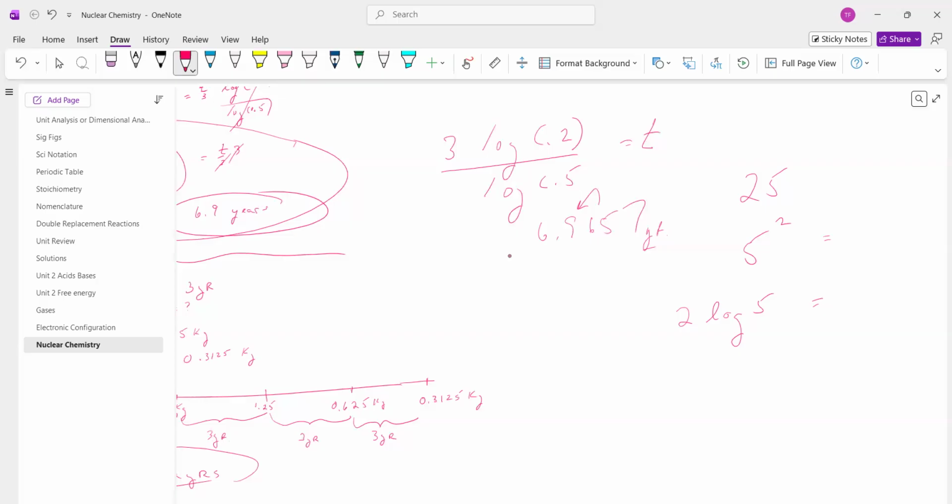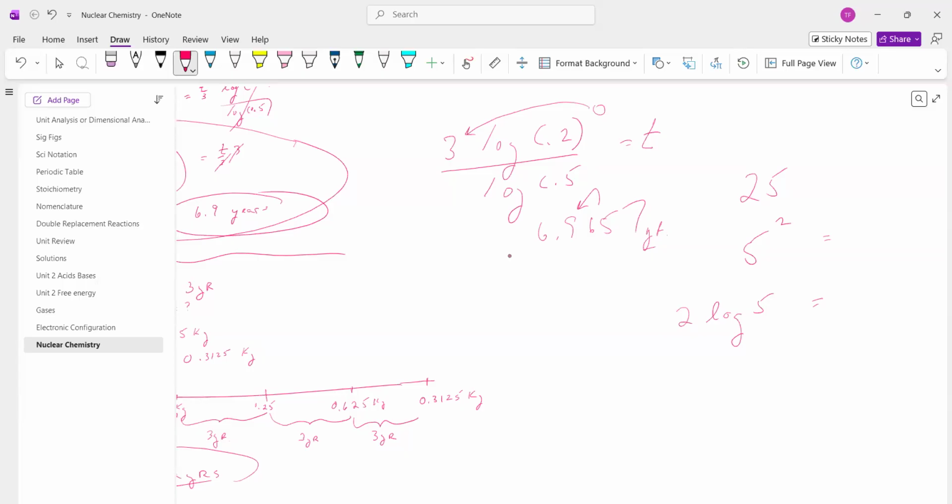That was too simple of an example. The main thing is, if you have an exponent, you can bring it out to here.